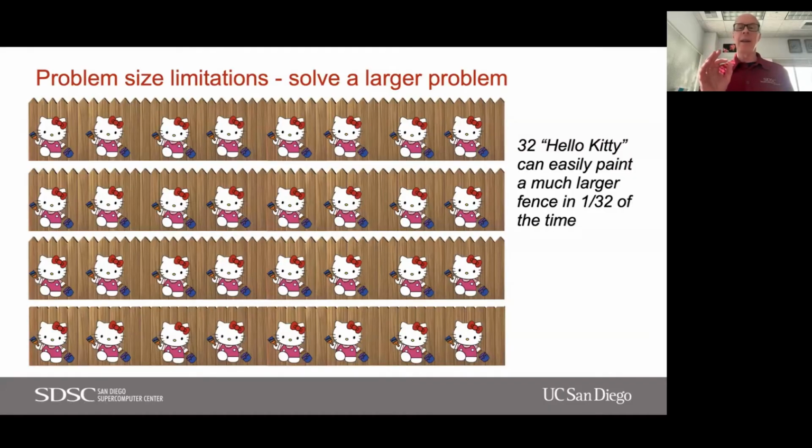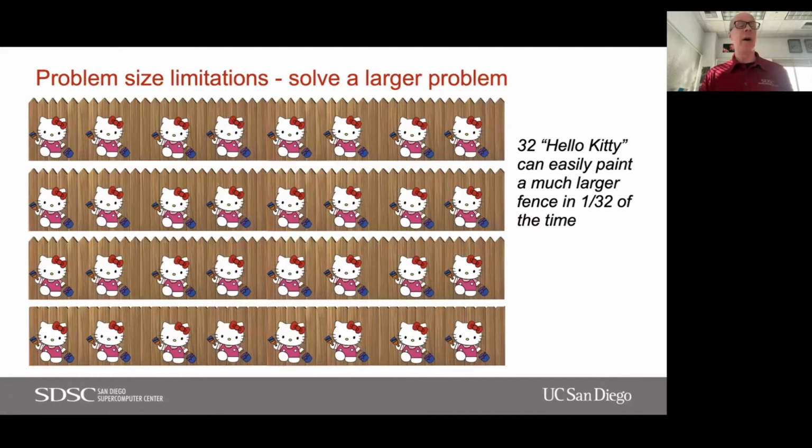regarding problem size limitations, sure, if you start with a very small problem, you may not be able to run it across a large number of cores, but often we solve a larger problem. So again, getting back to the fence painting example, we're not going to use 32 cats to paint a small fence, but we might use them to paint a much larger fence.